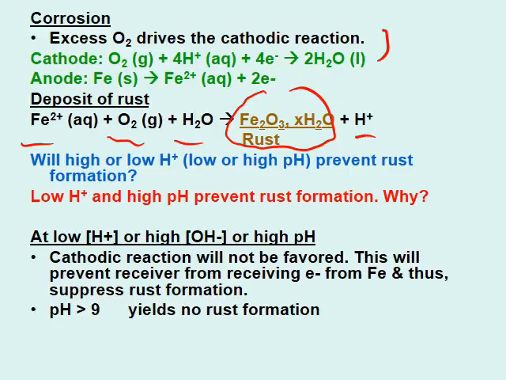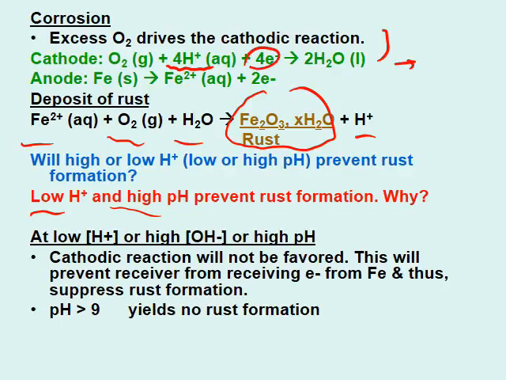Now the question here is, will high or low H plus prevent rust formation? Answer is low H plus or high pH, because low H plus means high pH, prevents rust formation. Now the question is why? If you look at this reaction, if you have a smaller concentration of H plus, then obviously the cathodic reaction would not be favored.